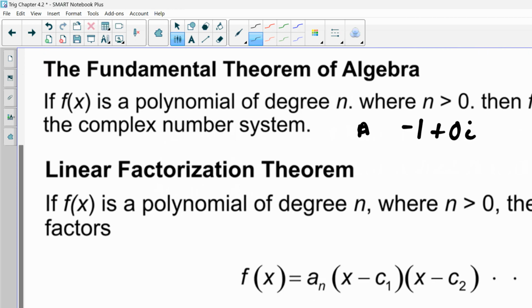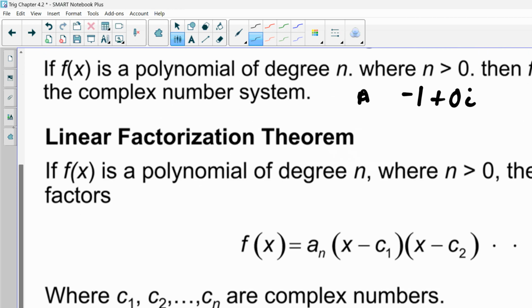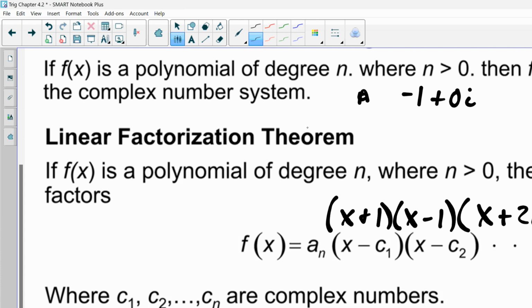Linear factorization theorem: if f of x is a polynomial of degree n where n is greater than 0, then f of x has precisely n linear factors, where c1, c2 to cn are complex numbers. We can write it in factored form. Now that could be that we have x plus 1, x minus 1, x plus 2i, x minus 2i.